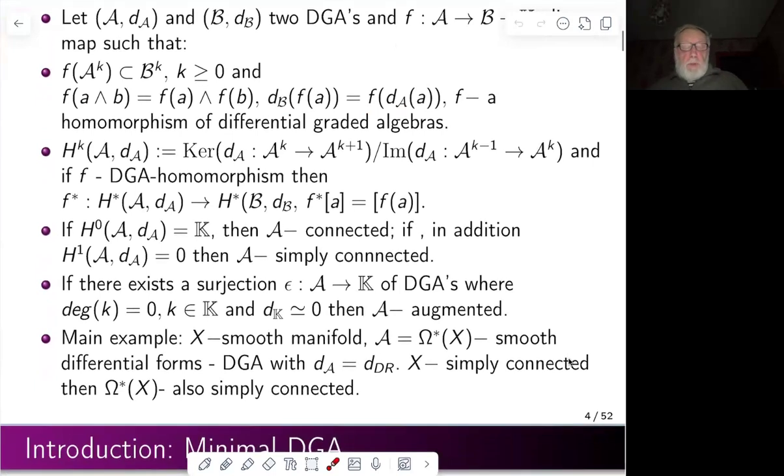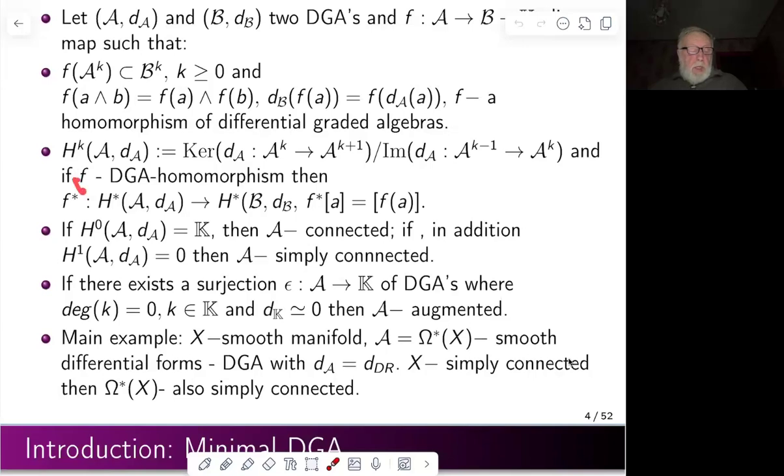Then, because of the nilpotency of our d, we can define what people usually call the cohomology group H^k, and this is a standard definition. I will not comment on this.